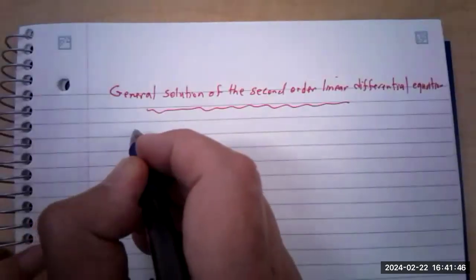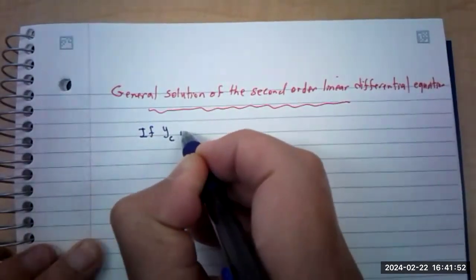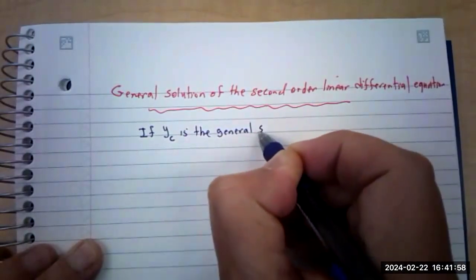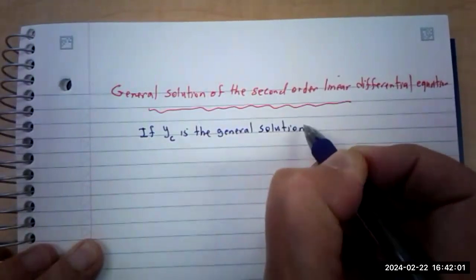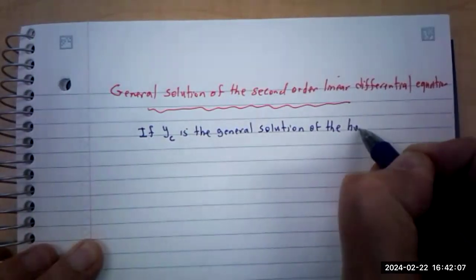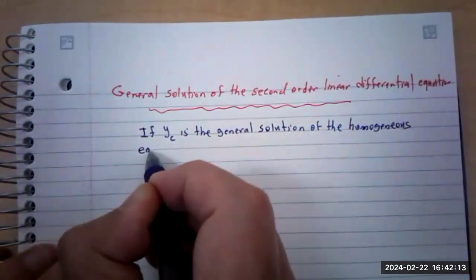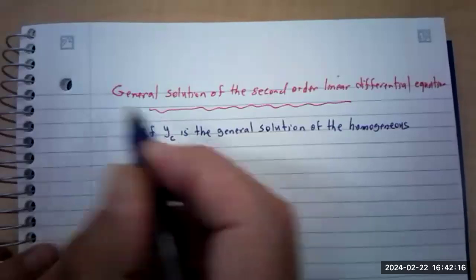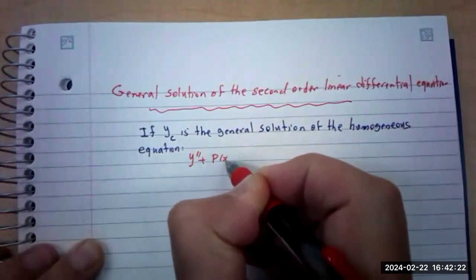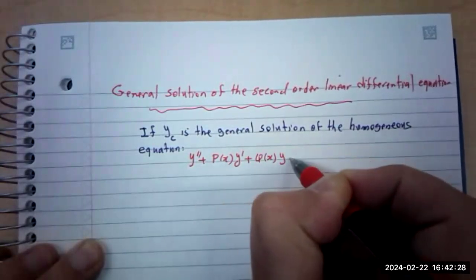You see, if yc is the general solution of the homogeneous equation, this is the equation: y double prime plus p(x) y prime plus q(x) y equal to zero.